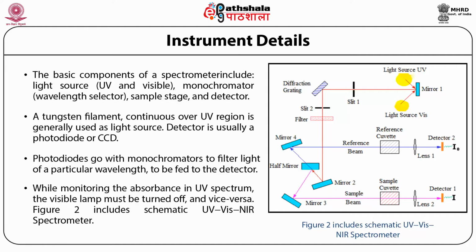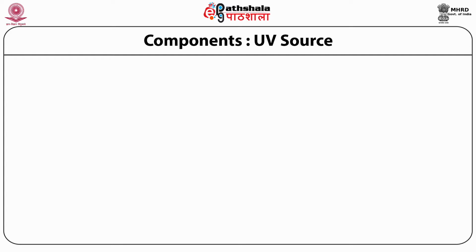So the block diagram of the UV visible NIR spectrophotometer is shown in this figure. Let us now discuss each component of the spectrophotometer one by one. First, we will discuss the UV source.